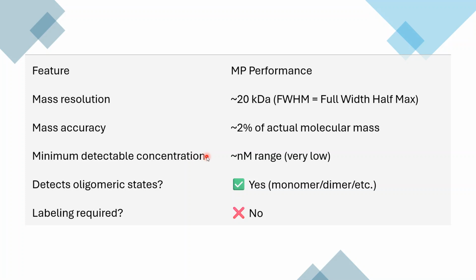It can detect oligomeric states as well, and the cherry on top is that it does not require any kind of labeling. That means protein can be studied in its native form.